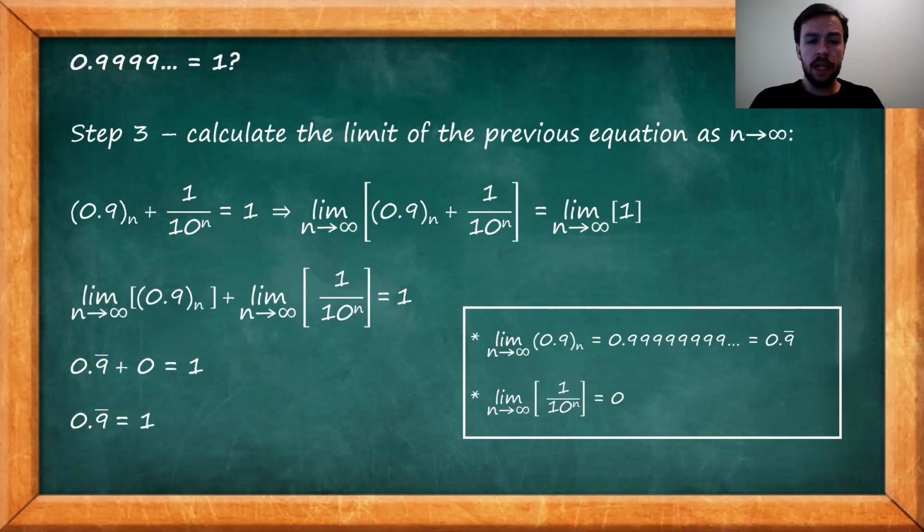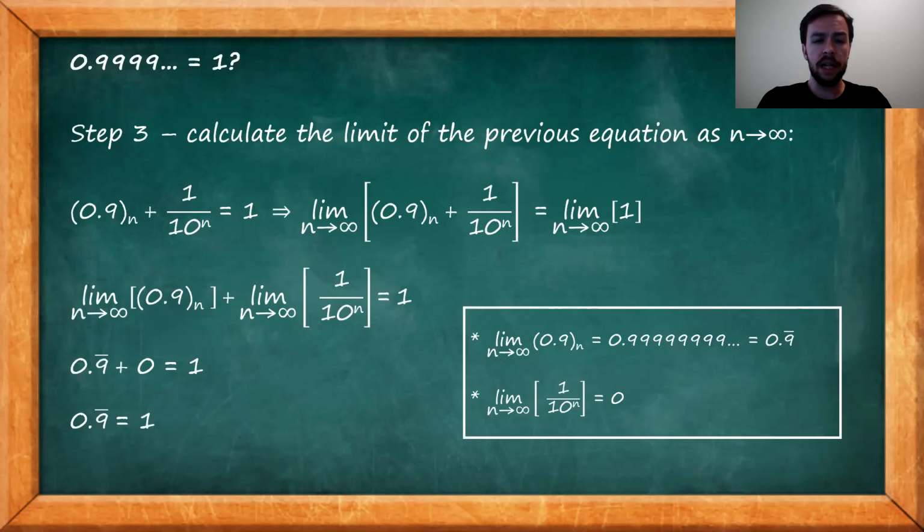The first term in the left-hand side, the limit as n approaches infinity of 0.9 sub n, is just 0.9999 infinitely many times, which is the definition of 0.9 repeating. Moreover, the second term in the left-hand side, the limit as n approaches infinity of 1 divided by 10 to the nth power, is equal to 0 because the denominator gets larger and larger as n increases, and the numerator stays the same.